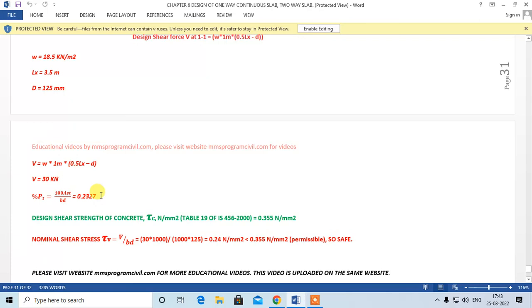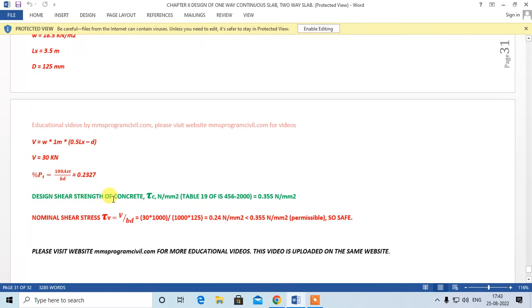From Table 19, for this percentage of steel, tau c, the permissible shear stress, is found to be 0.355. You can find the nominal shear stress, V divided by bd. V we know is 30, so that is 0.24. 0.24 is less than 0.355. So tau v is less than tau c. So the section is safe for the shear criteria, right?